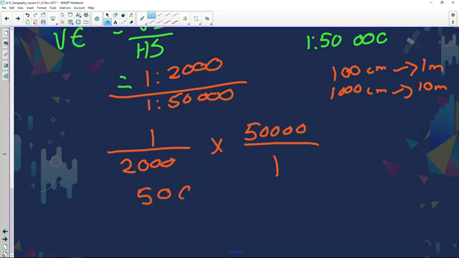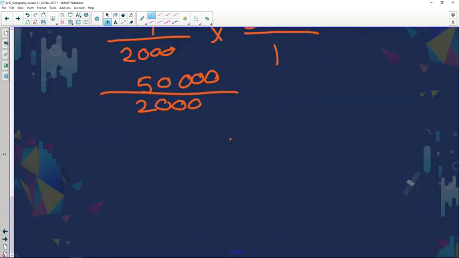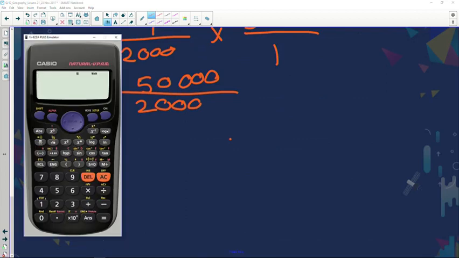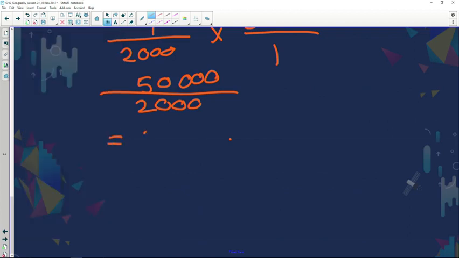We take the 50,000 divided by 2,000, and then you quickly need to get your calculator out. 50,000 divided by 2,000 equals 25 times. Now again, grade 12, keep in mind, read your instructions, read your question properly. I'm going to do another one just to make 100% sure that you understand.